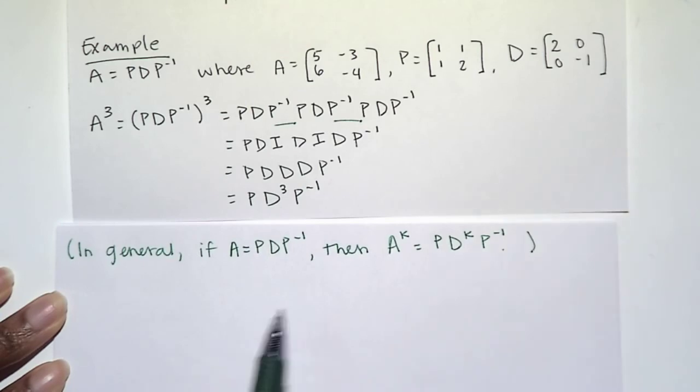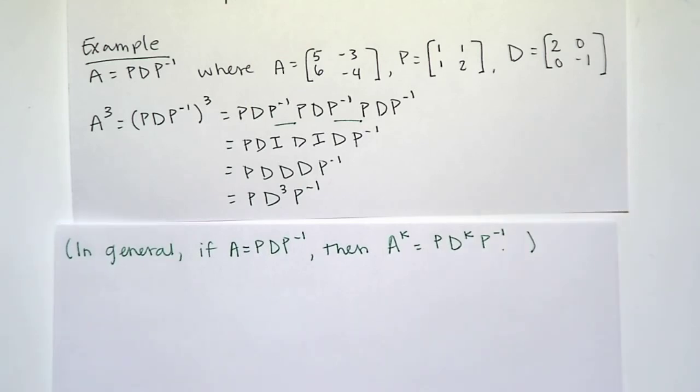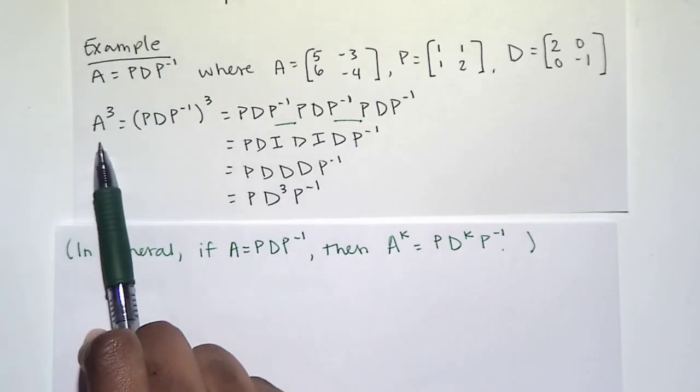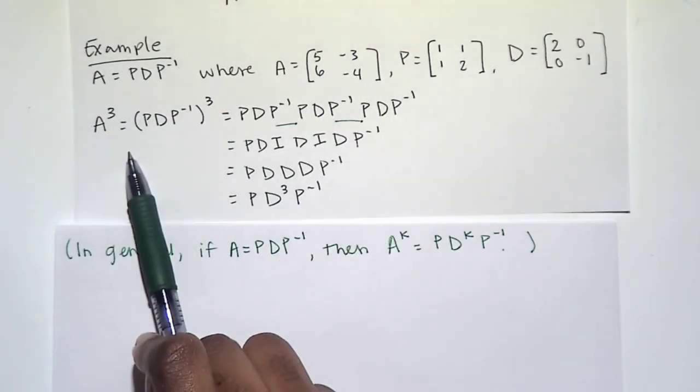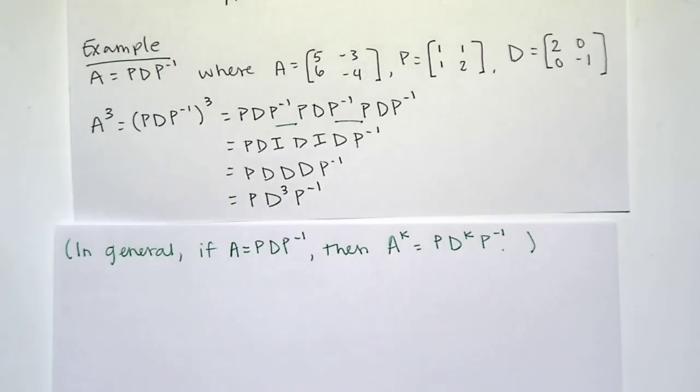And this is something we can just use now as a property. We're going to work through this example with the numbers here and find A cubed using this in the next video.